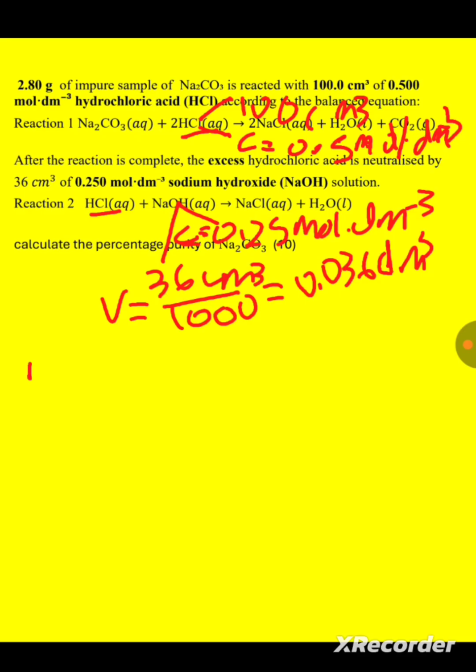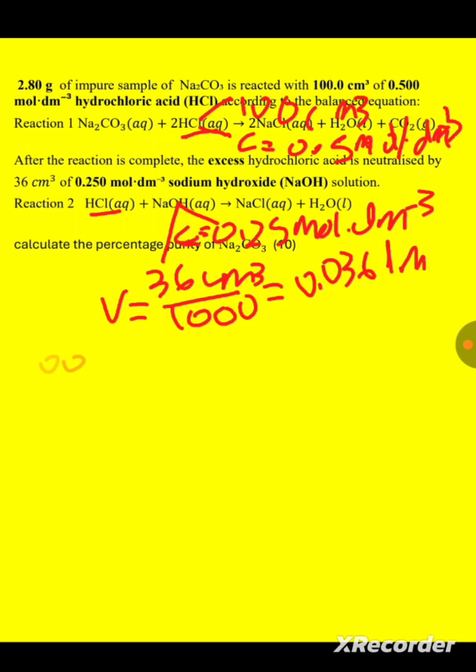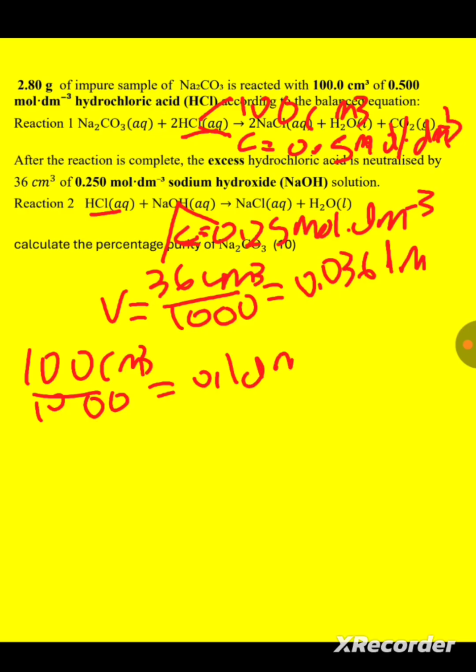I'm given 100 cubic centimeters. You divide it by 1,000, so that it becomes 0.1 cubic decimeters.